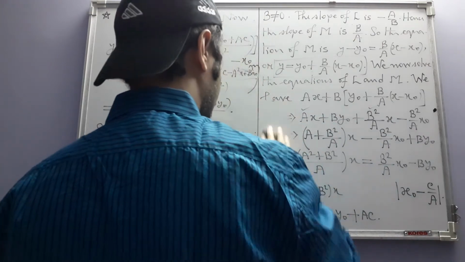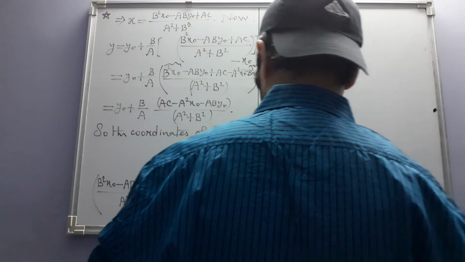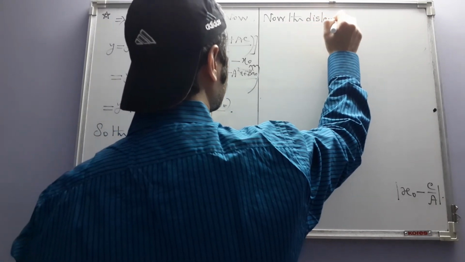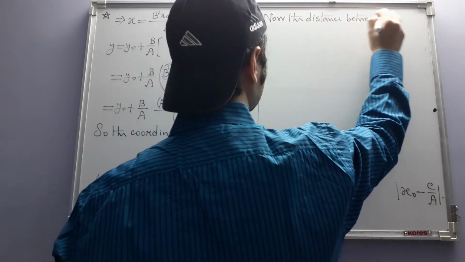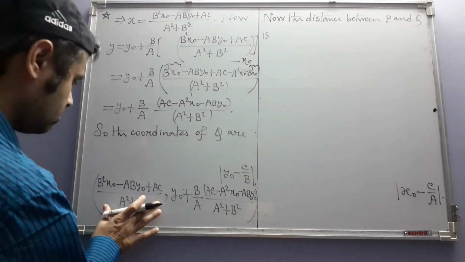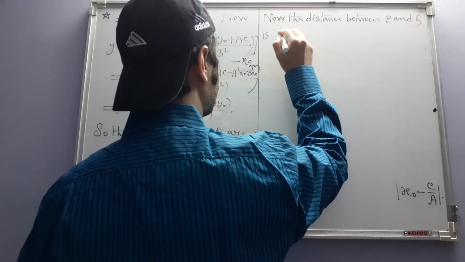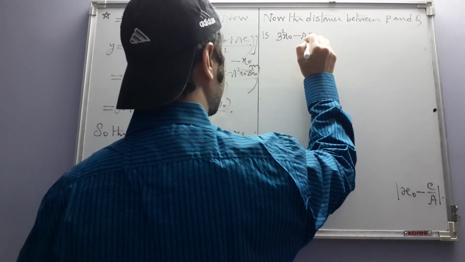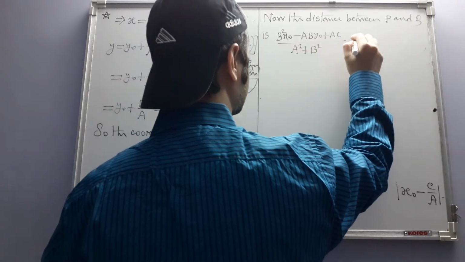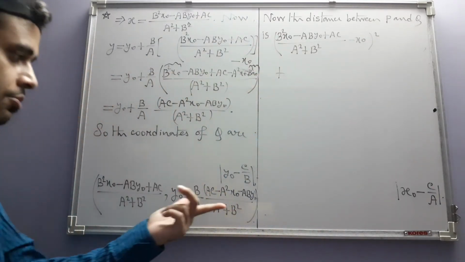Now our final job is to calculate the distance between P and Q. So this minus x naught, b square x naught minus a b y naught plus a c divided by a square plus b square minus x naught, squared, plus this minus y naught, squared.